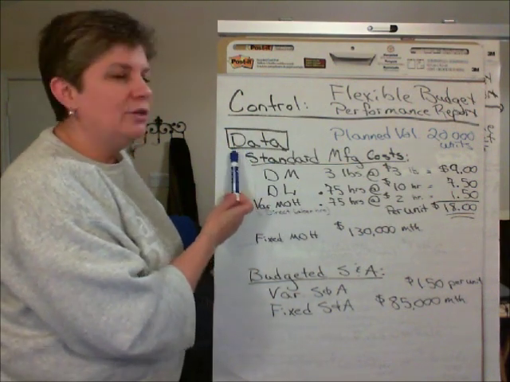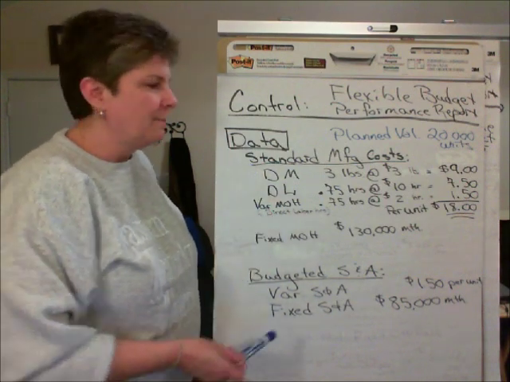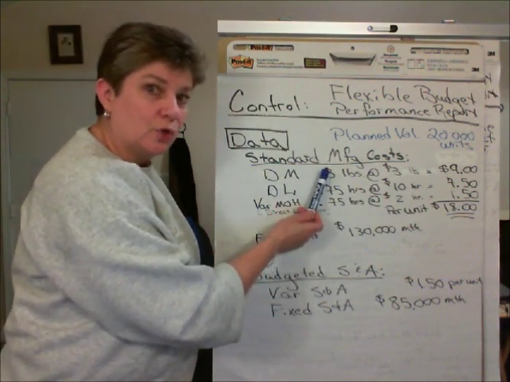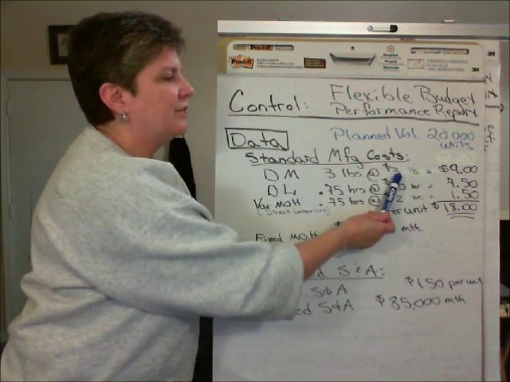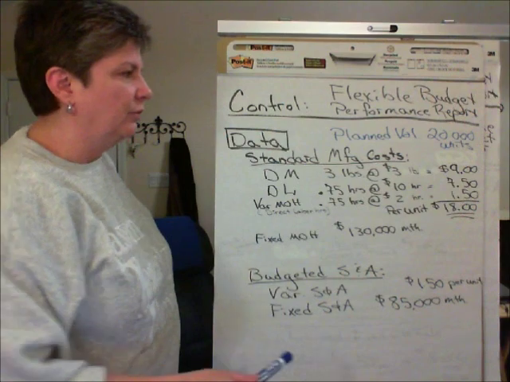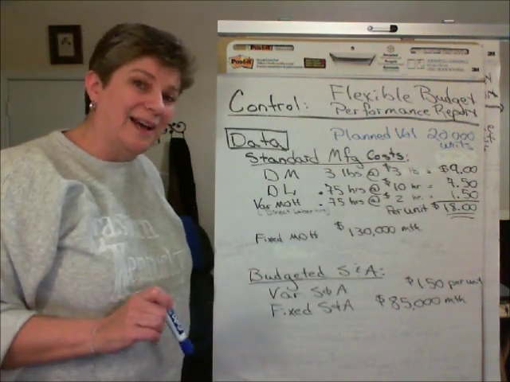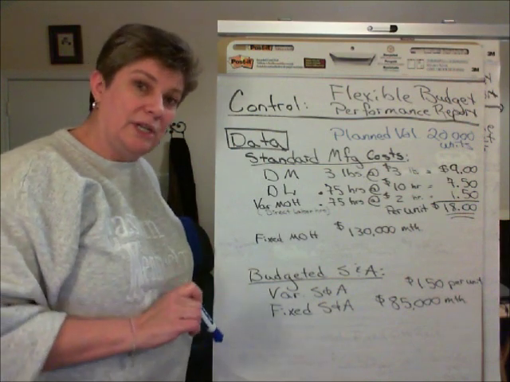Now, the standard manufacturing costs for direct materials, the standard quantity was 3 pounds of materials, and the standard price or cost was $3 per pound. So each unit of finished product should have cost $9 for materials.